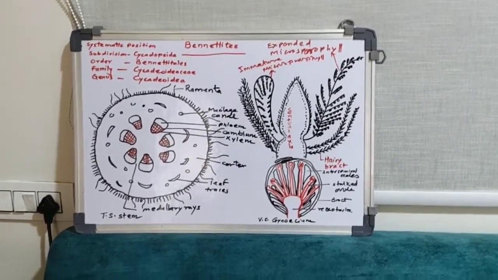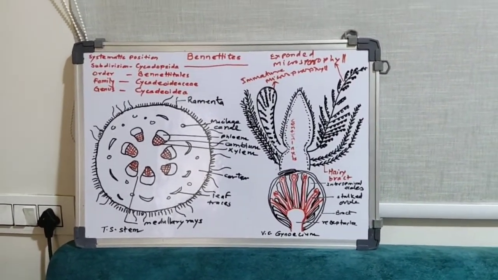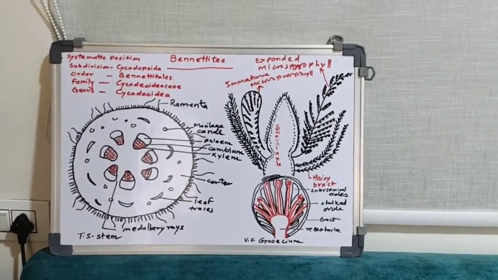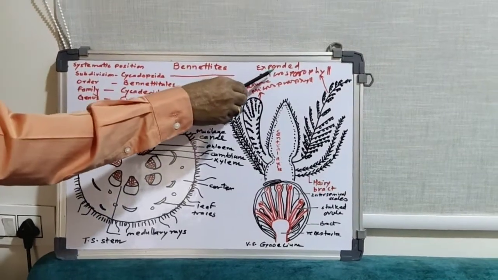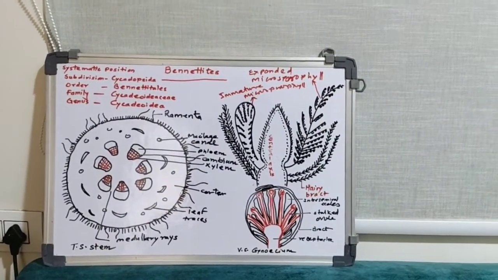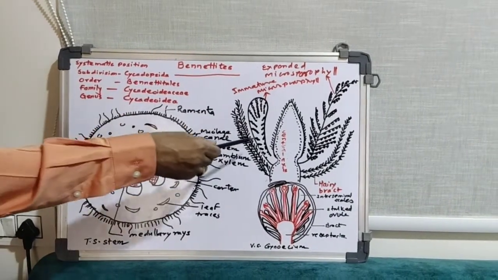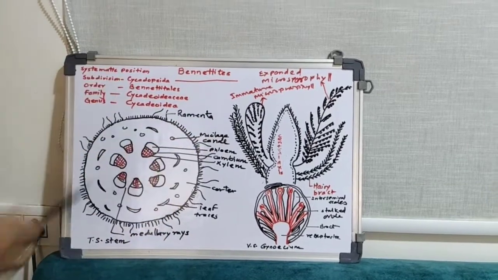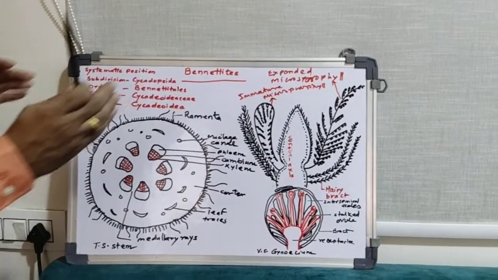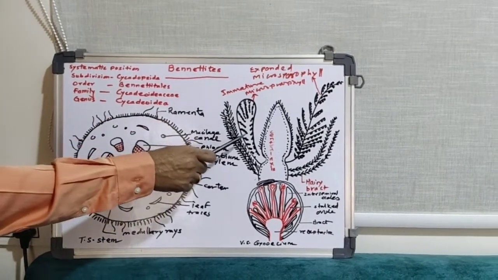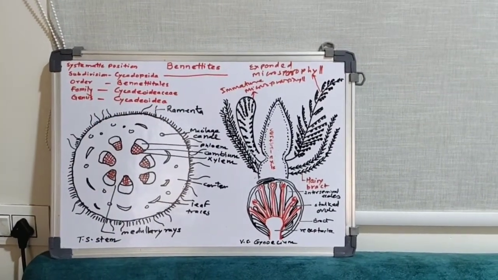Microsporophylls may be present, as per their stages, in two forms. One is the expanded microsporophyll which opened, whereas another is the immature microsporophyll which remains closed. These microsporophylls are the main part of the male structure.